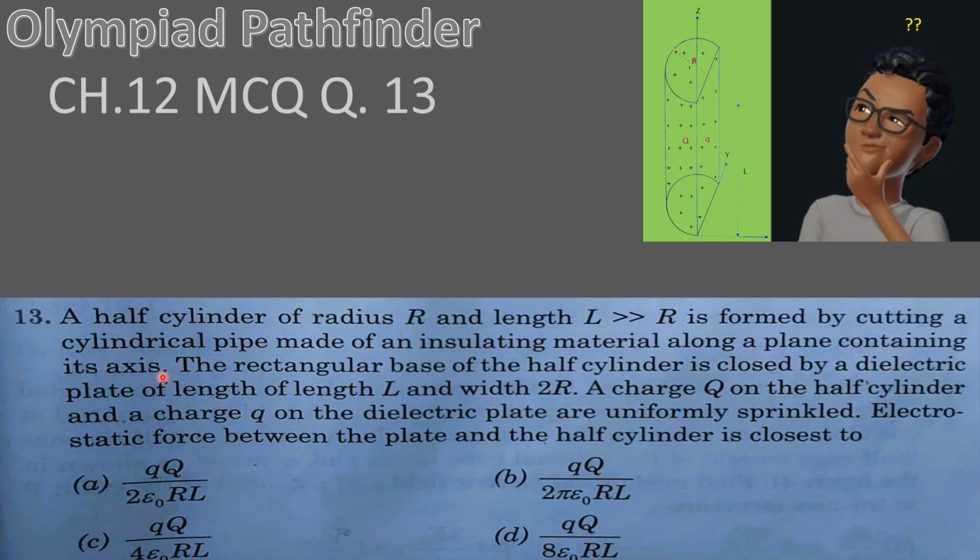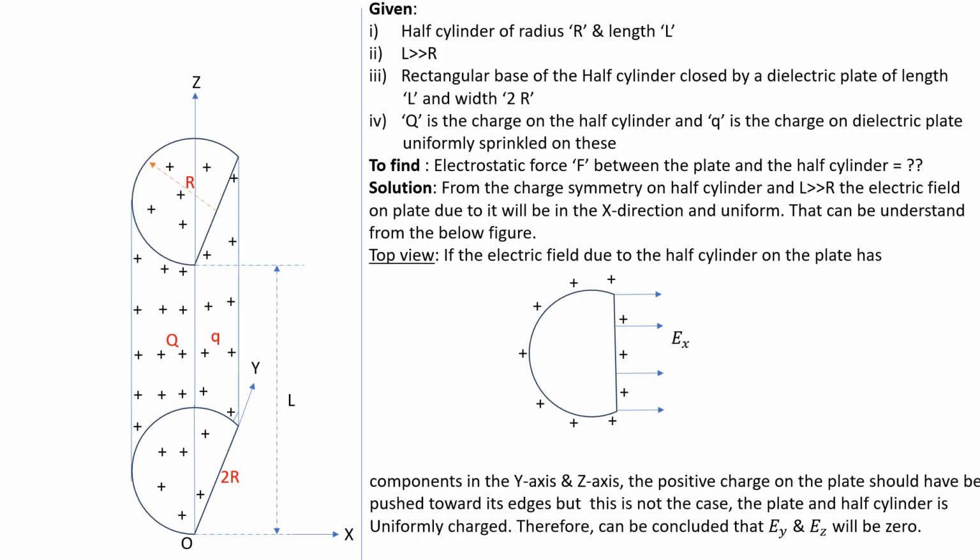So we have to find out from the choices which one is correct. Let us work on this problem. So this is the half cylinder, which is made up of insulating material, and this is the dielectric plate covering the half cut section of the cylinder.